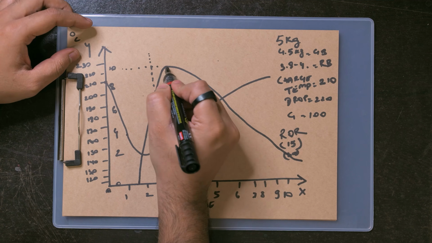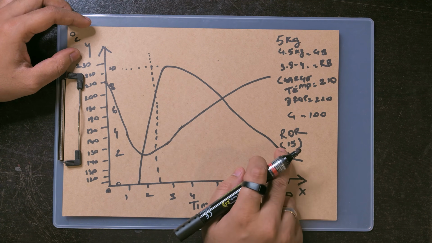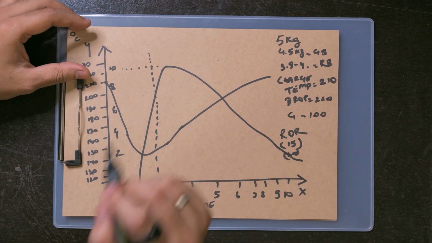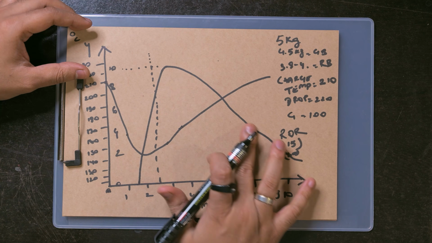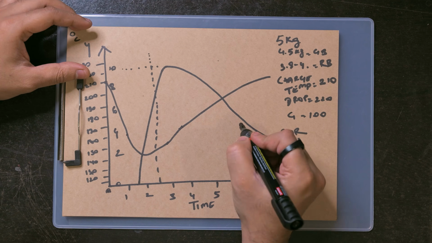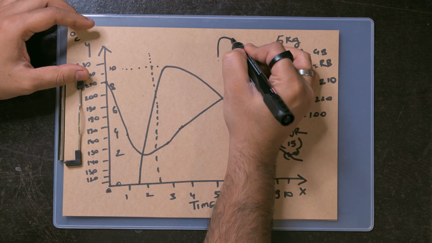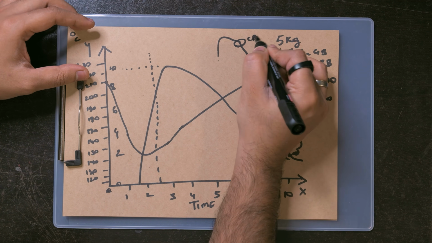But the ROR has to be a declining curve. This is a very important phenomena. It cannot be a straight line. You're basically over roasting your coffee. Remember, always your ROR curve has to go down and should be a nice slope, elegant. Your graph should not look like this. This is a crash.